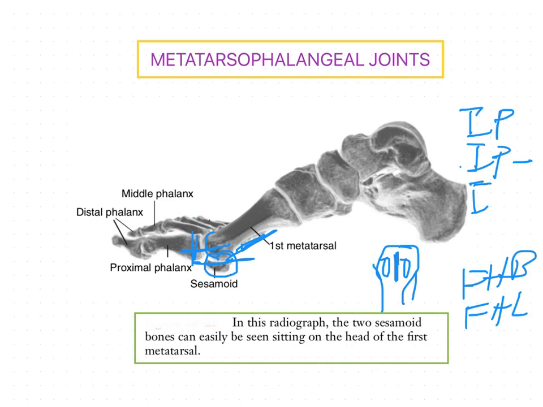Now if you see the collateral ligaments of the metatarsophalangeal joints, they have the same type of fibers which we have seen in the MCP collateral ligaments in the hand. Here also it consists of two components.